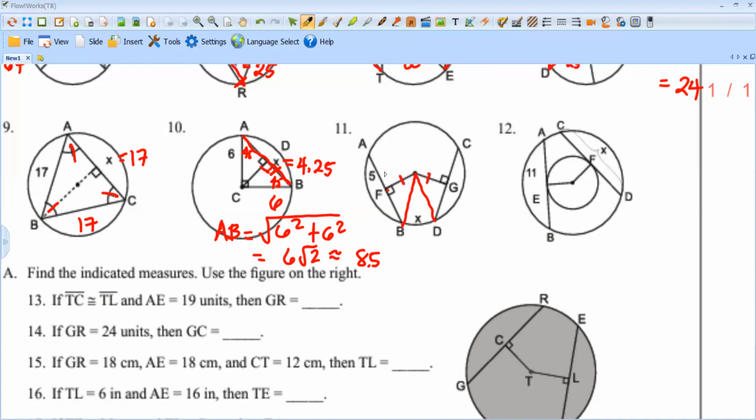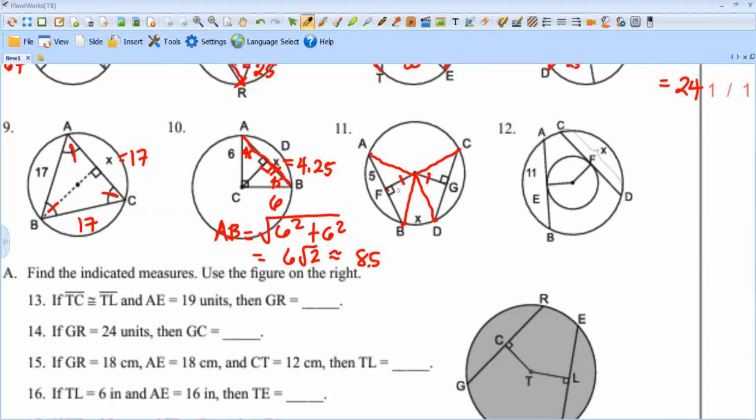Are they looking for an angle, an arc, or a segment? If this is BD as X, we cannot identify that. So probably they are looking for the arc, right? Let us try to identify how to get the value of the arc BD. They did not give the value of the angle, but let us try to identify.